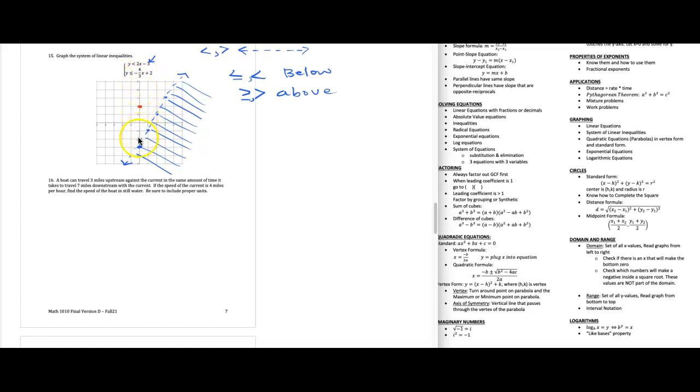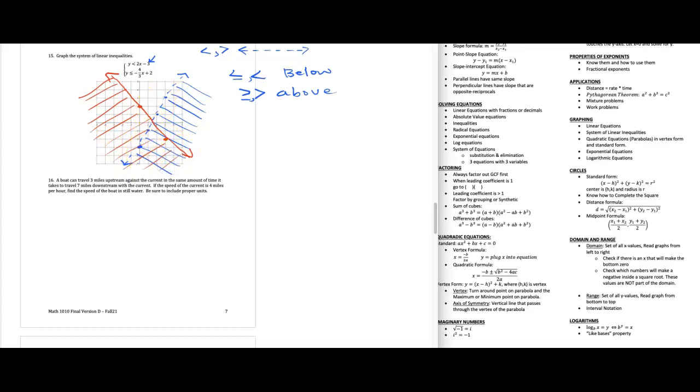So 1, 2, 3, 4, over 3, 1, 2, 3 is here. And then I can see that my line needs to look something like this. And on this one, it's again less than, so I want the stuff that's below the line. And so this time, the stuff below the line is the stuff on this side.